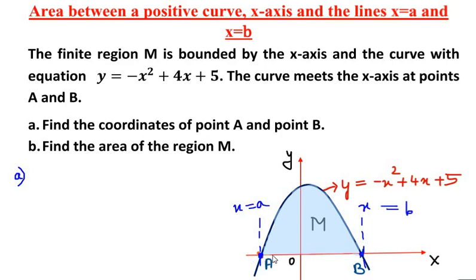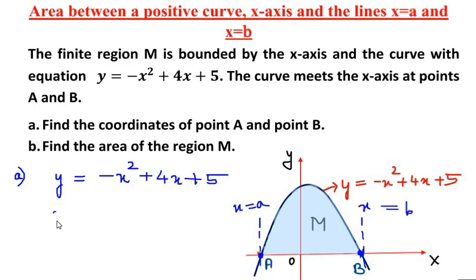As you can see, the points A and B are on the x-axis. That makes the y coordinates of these two points 0. So for this equation of the curve, minus x square plus 4x plus 5, we will make y equal to 0, because these two points are on the x-axis.